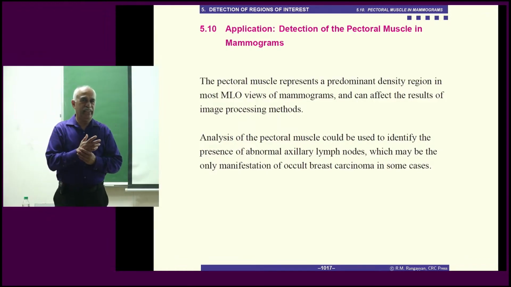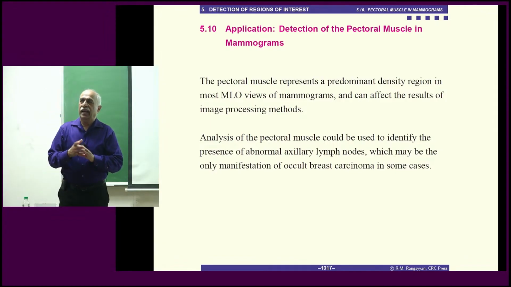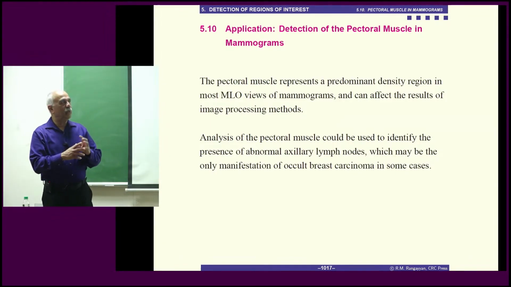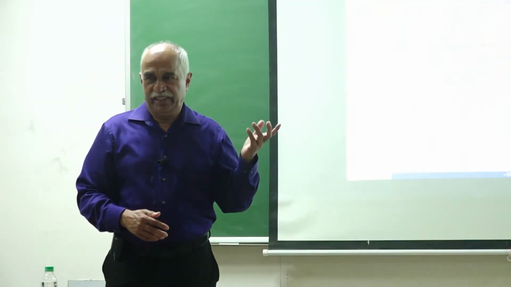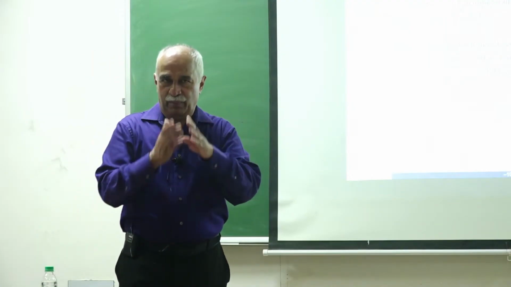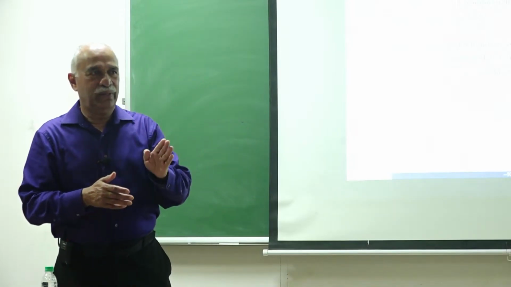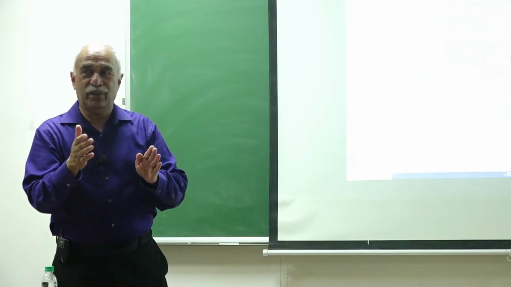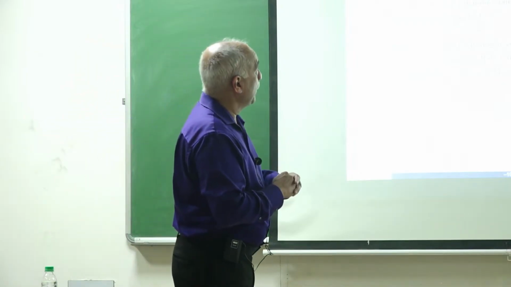We also measured the distance using mean distance to the closest point. I'll describe those measures later on in the context of other detection methods, as to how to compare quantitatively a detected contour with a reference contour given by the radiologist or the medical expert.